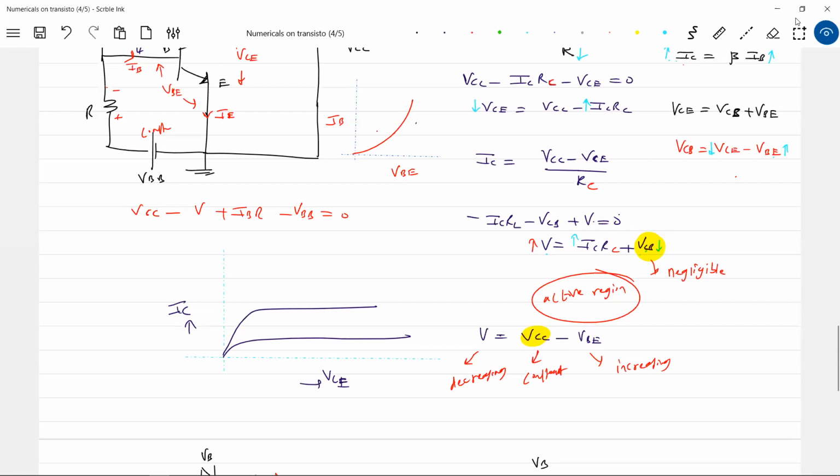If I write all the things, if it is an active region, the change in collector base voltage, the effect of this will be, so this conclusion is correct. There's no doubt with this.